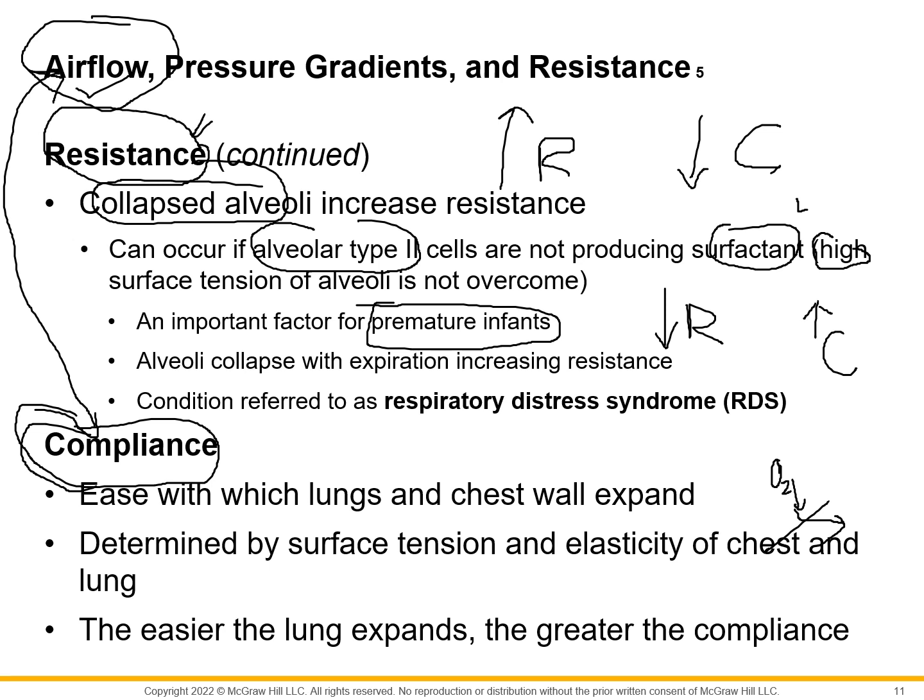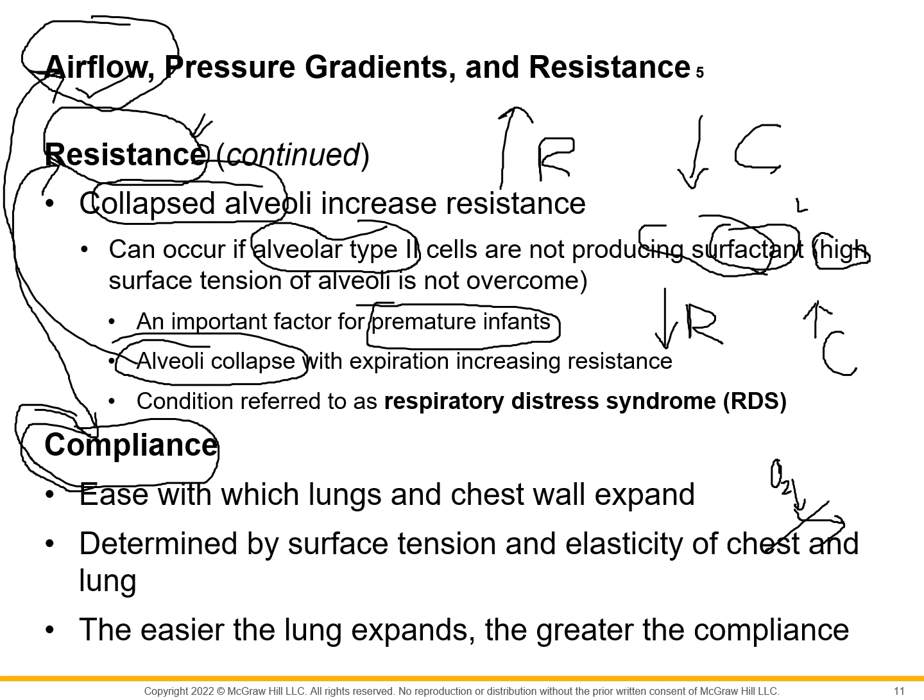So in premature infants, the alveolar type 2 cells aren't fully developed yet, so they're not producing surfactant. Because they're not producing surfactant, oxygen is not able to dissolve in from their alveoli, and as a result, the alveoli collapse. The alveoli collapsing is causing resistance.